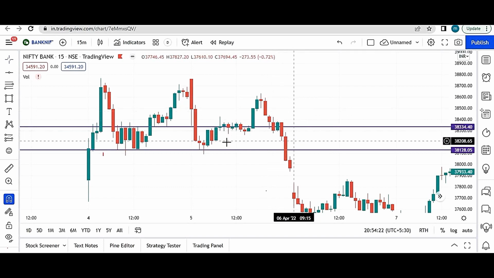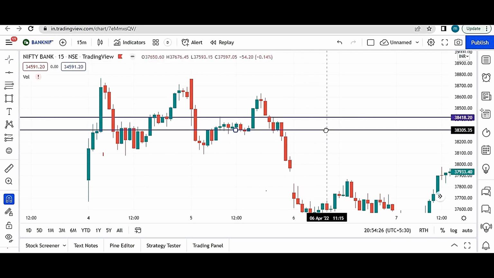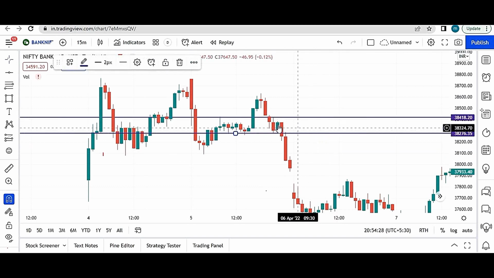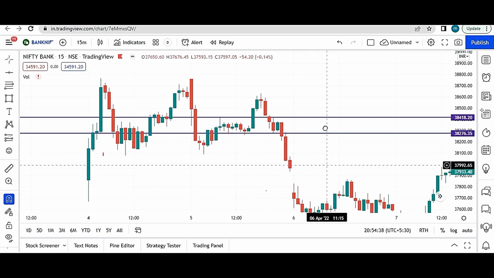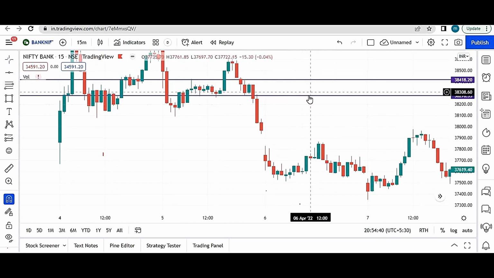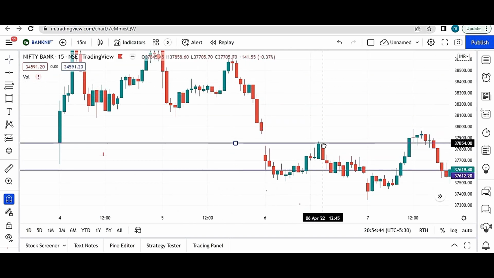No opportunity here. Here it gave an opportunity, an inside bar. Okay, this is an inside bar, confined within this master candle. Crossing this one, 273 to 963, almost 300 points. This is also an inside bar, it gave small profit.